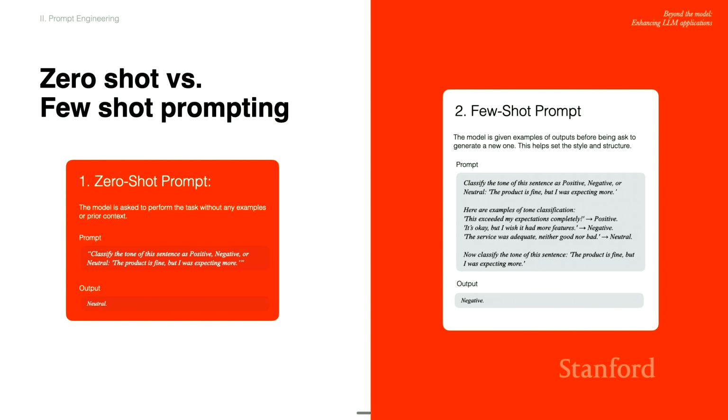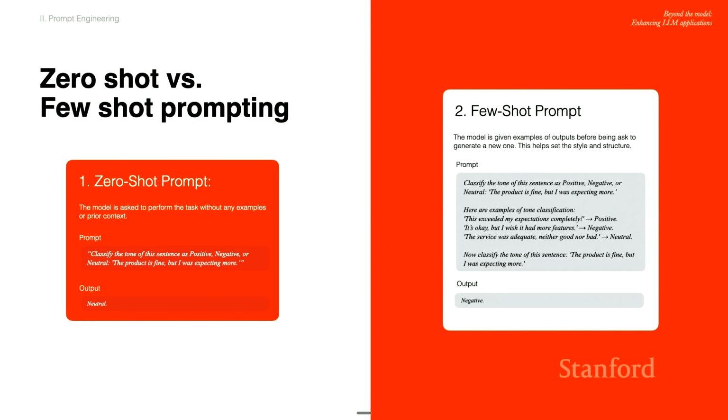So the example here is you paste the same prompt as before with the user review, and then you add, here are examples of tone classifications. This exceeded my expectation completely. Positive. It's okay, but I wish it had more features. Negative. The service was adequate, neither good nor bad. Neutral.